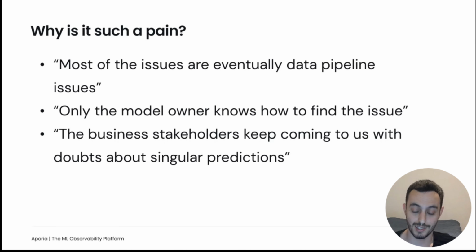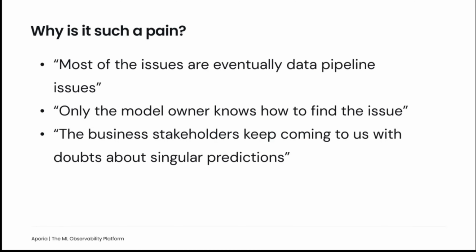And secondly, knowing about issues only when they affect the business is obviously bad. You want to catch the issues as early as possible, to avoid having a big effect on the business.